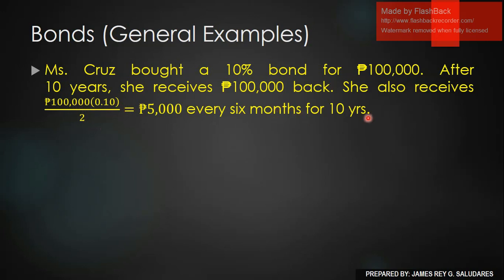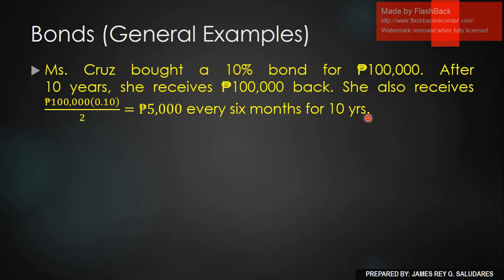If you look at this example, this is a good investment for Miss Cruz. Remember, aside from the 100,000 niya iyang invest, in every 6 months maka-receive siya 5,000. So in every year, she receives 10,000.